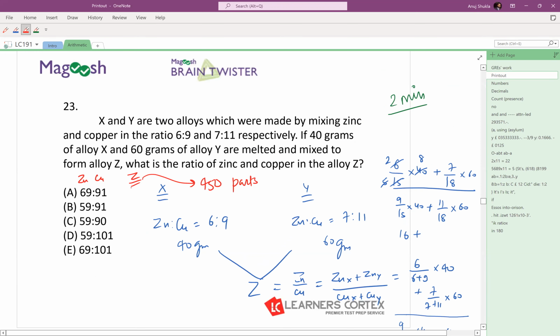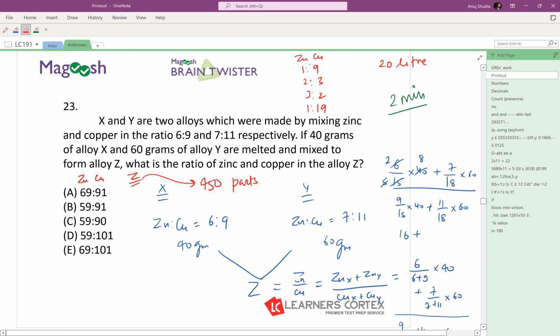Now, if it is 450 parts, or I can say that you suppose you have 20 liters of solution where zinc and copper is there. So you might have zinc and copper in the ratio something like 1:9. You might have the ratio 2:3, 3:2, or 1:90.